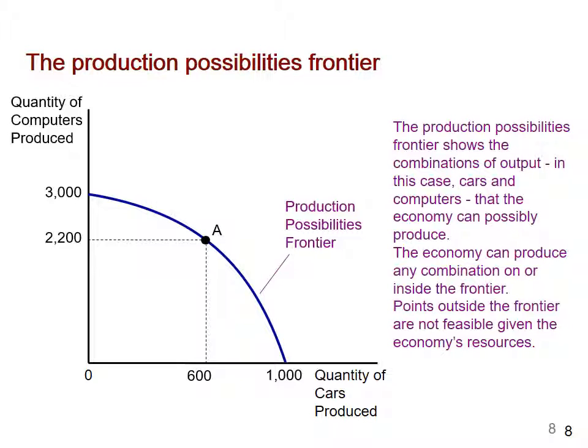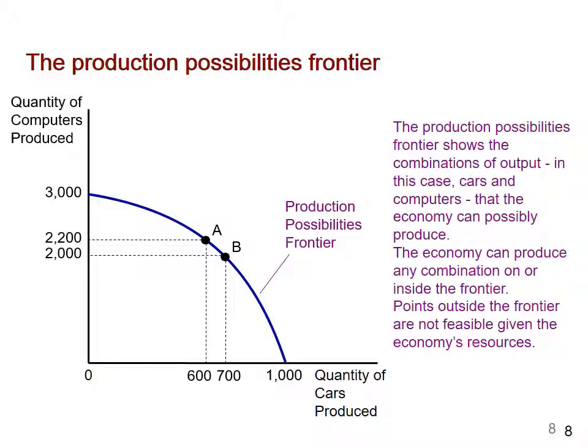Consider point A. At A, this country produces 2,200 computers and 600 cars. Now suppose the country wants to get more cars.